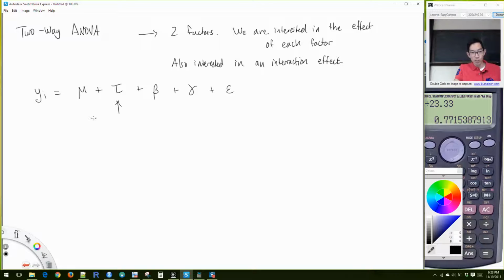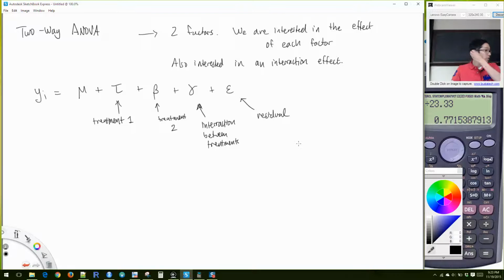So this is treatment 1 effect, and this is treatment 2, and this is the interaction between the treatments. And this would be the residual.